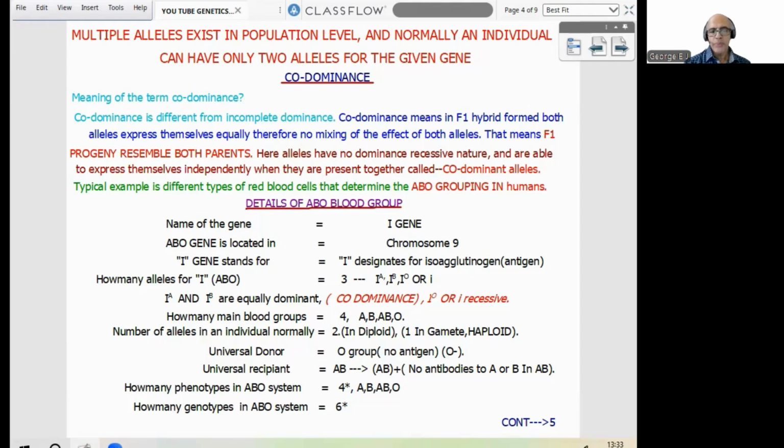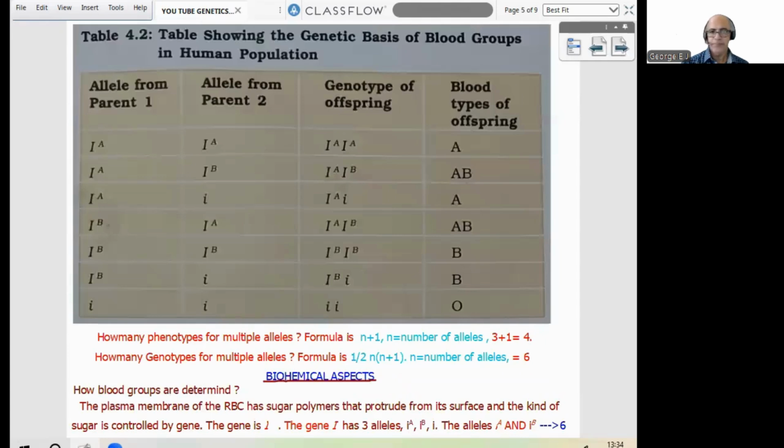How many phenotypes in the ABO system? 4. A, B, AB, O. And how many genotypes in the ABO system? 6. This we'll be observing in a table on the next page of NCERT. I think this page is clear, the data are important. Now we can proceed to the next page. This is purely NCERT-based data. Once in a while, a fill in the blank can be asked. Theory entrance.